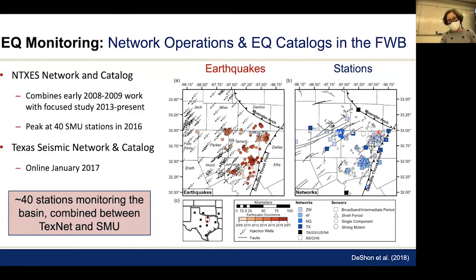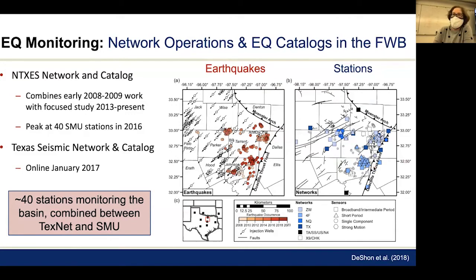Eventually, the state of Texas stepped in and created the Texas Seismic Network, and they have a mandate that's statewide. Now SMU works with TexNet, and we continue to operate tiny networks embedded within TexNet, where SMU concentrates on individual faults or areas such as Dallas with higher risk. The stations over time are on the right.